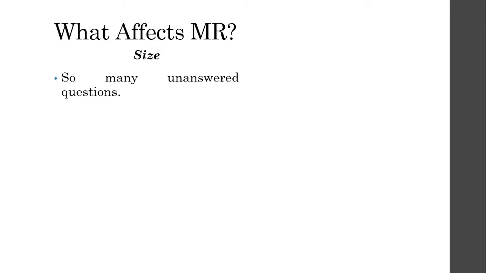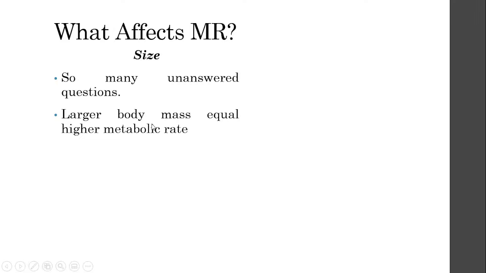But one thing is that size has a lot of unanswered questions in the field of bioenergetics. We know so far that the larger the body is, the higher the metabolic rate. So they are directly proportional: higher weight means higher metabolic rate.